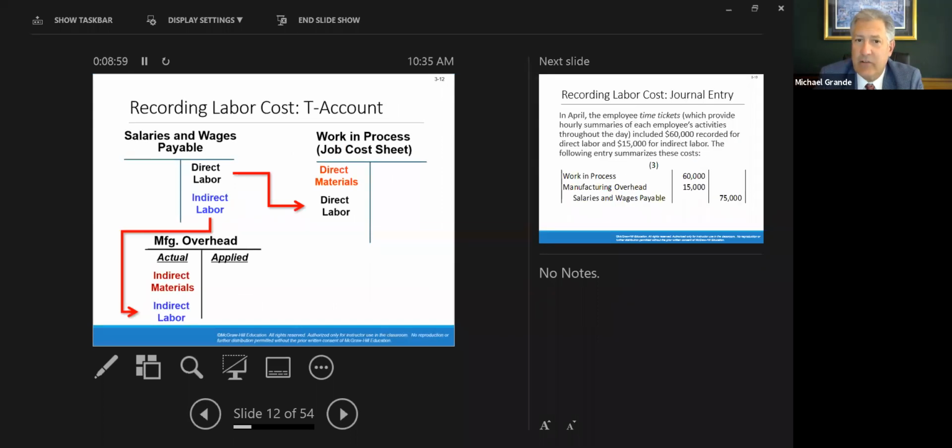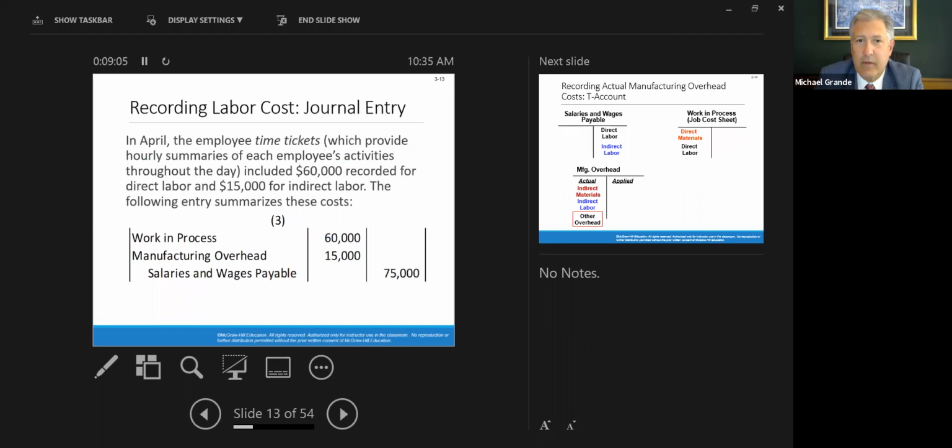So now we're going to take a look at labor costs. In April, the employee time tickets, which provide hourly summaries of each employee's activities throughout the day, included $60,000 recorded for direct labor and $15,000 for indirect labor. The following entry summarizes. So once again, direct labor goes into work in process, indirect labor goes to manufacturing overhead.